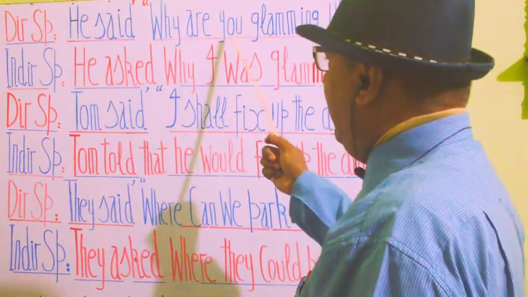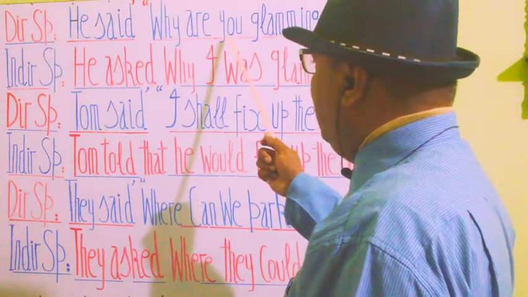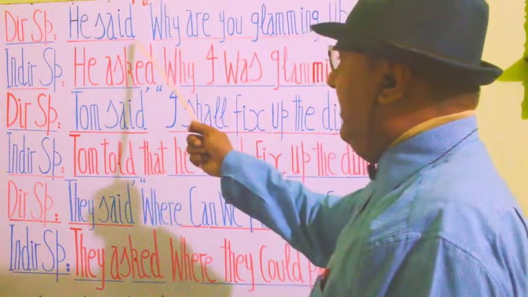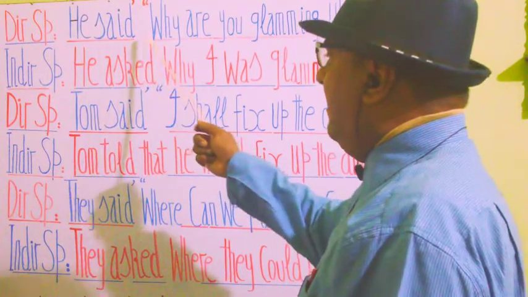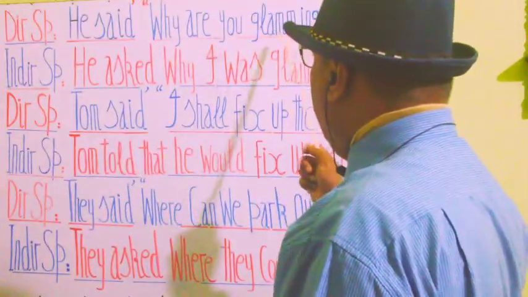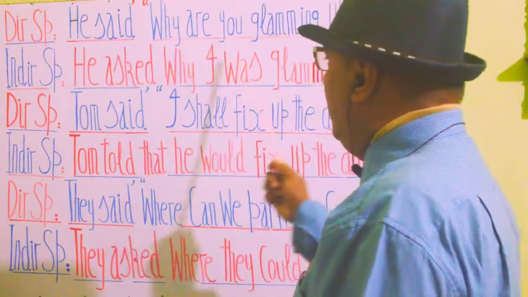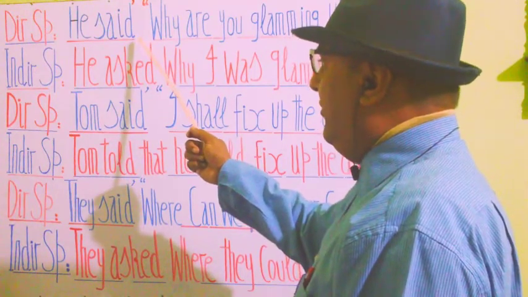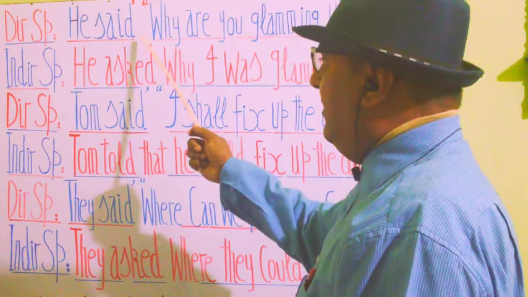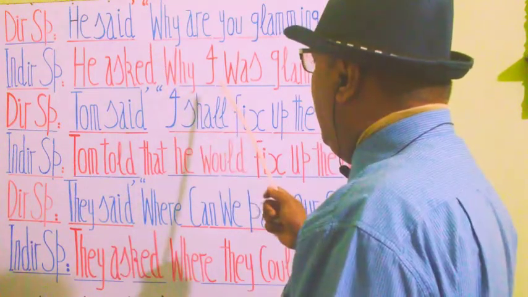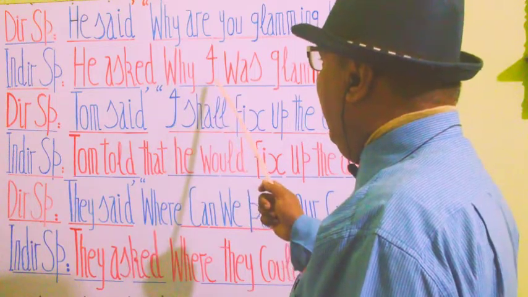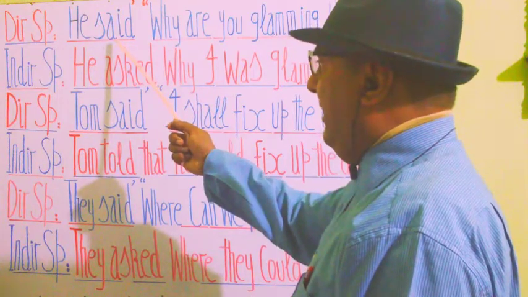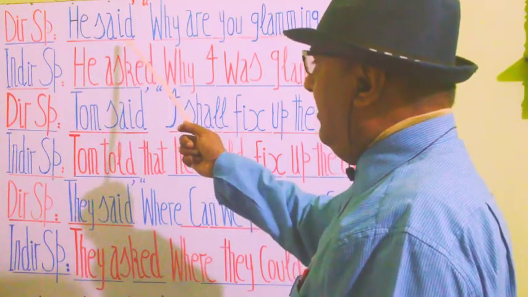Now we have a subject here, you. This is the second person pronoun, and by rules you is going to be replaced by the outer object, which is me. He said to me, why I glamming up? So we will write here the subjective case of me, which is I. Why I. Now there's a change of verb form, because the first part is in the past.